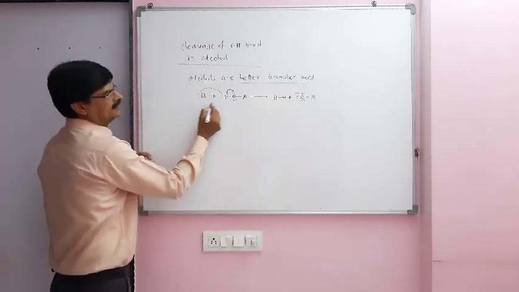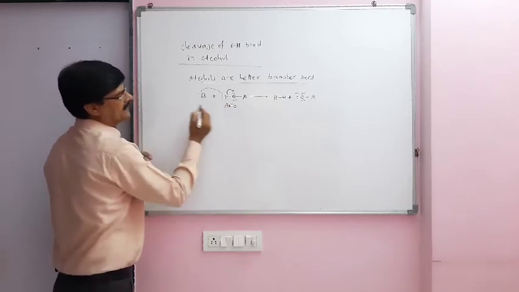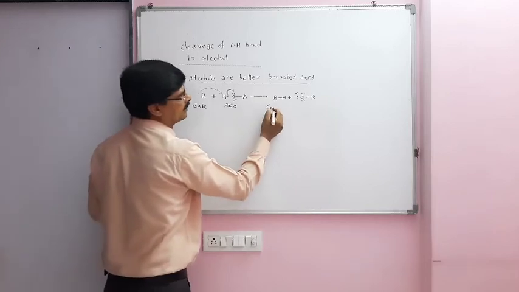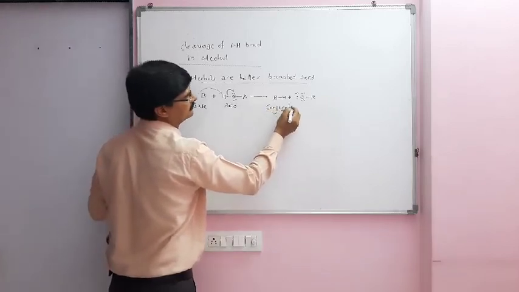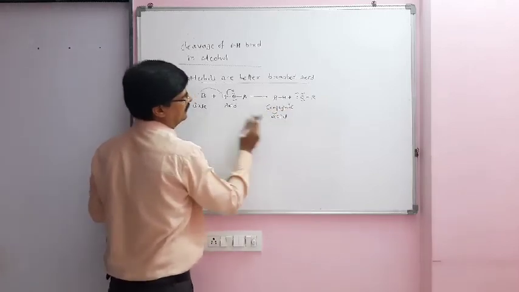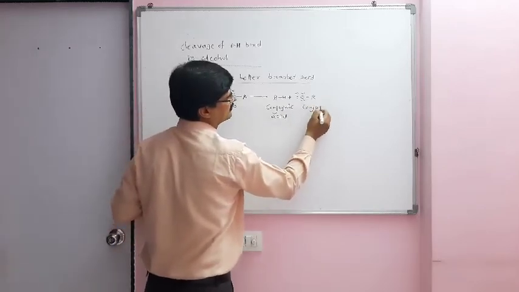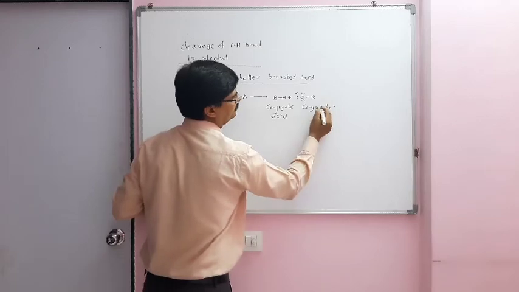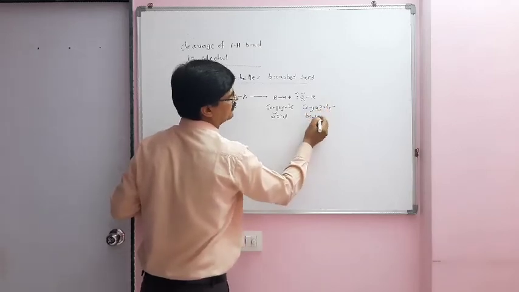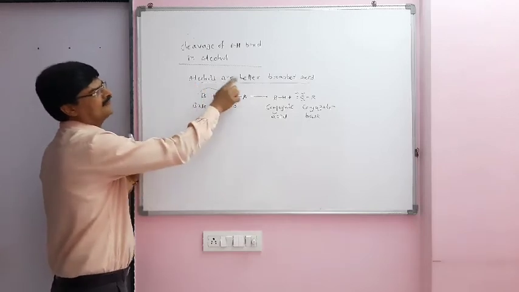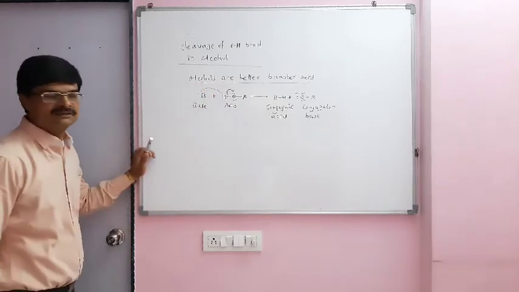So this is acid, this is base. From the base we will get the conjugate acid, and from this acid we can get the conjugate base. So by this reaction we can say that alcohols are better Bronsted acids.